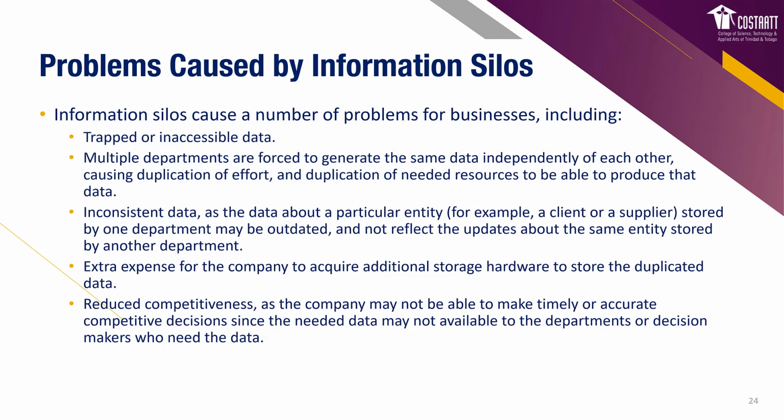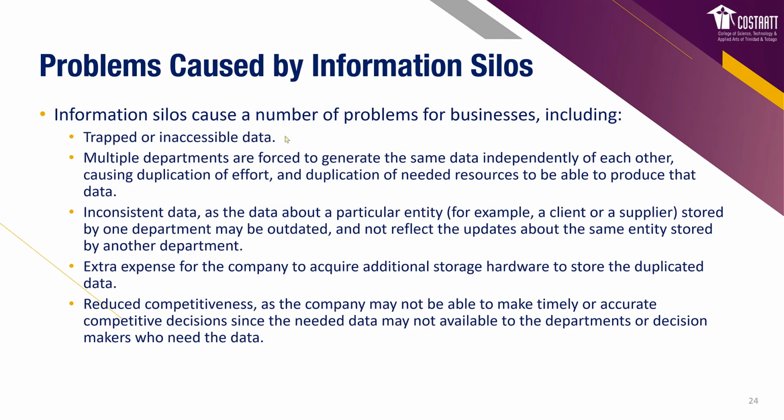So what are some of the problems caused by information silos? Information silos do cause a number of problems for businesses, and these include trapped or inaccessible data, which we talked about just now. Multiple departments are forced to generate the same data independently of each other. So that is going to cause you to duplicate effort.